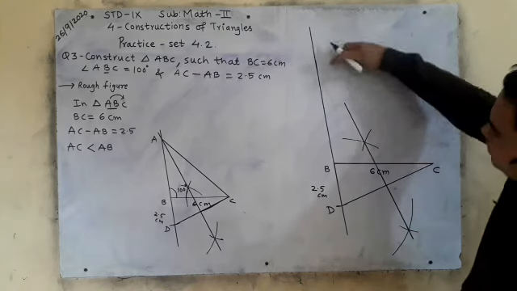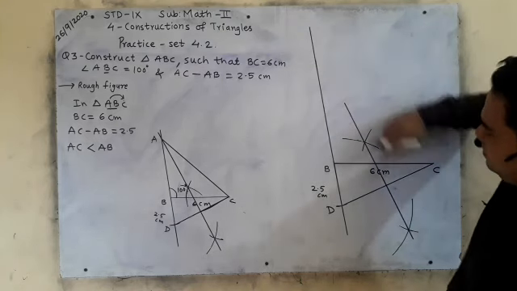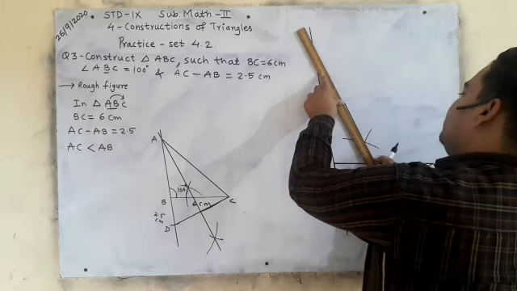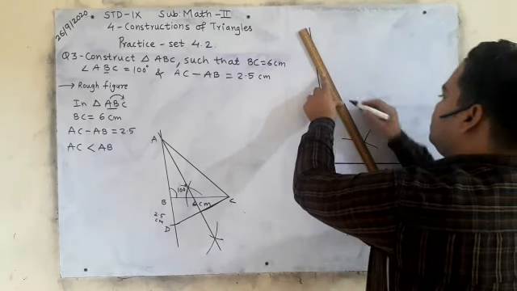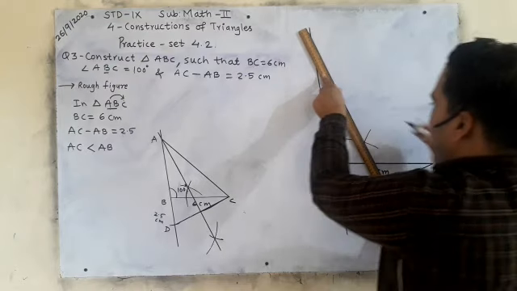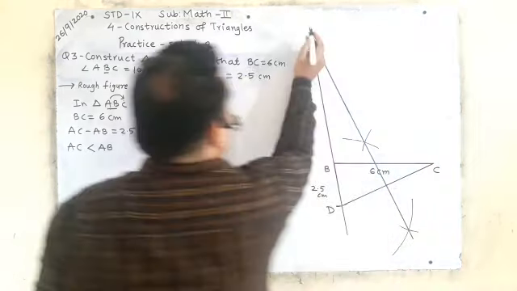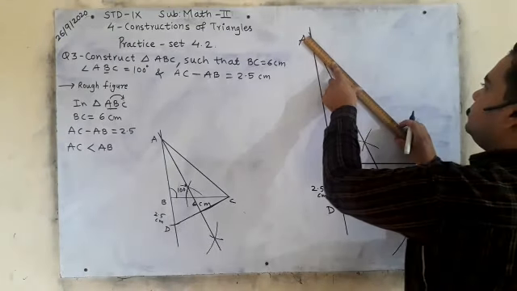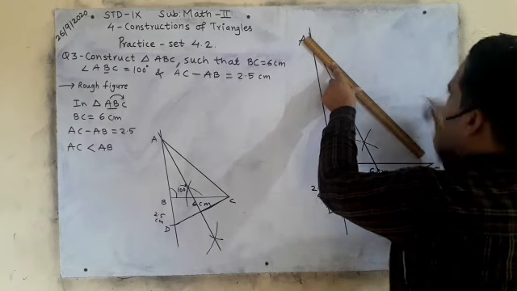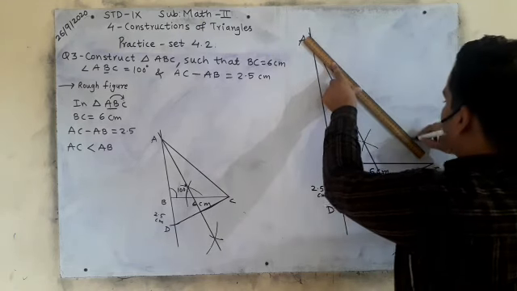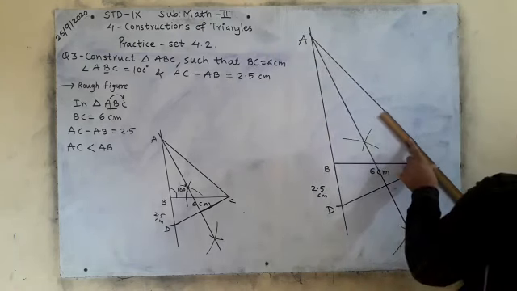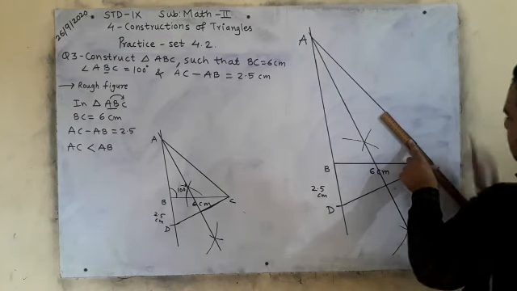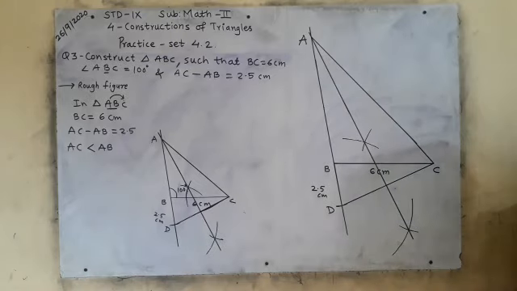Wherever this perpendicular and this line intersect, that is your point A. So it intersects here, and I will name it A. Then join this A to C over here. So this will be the figure.